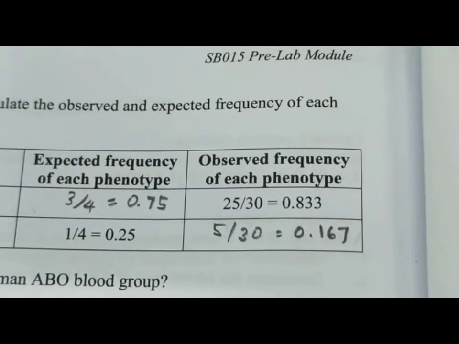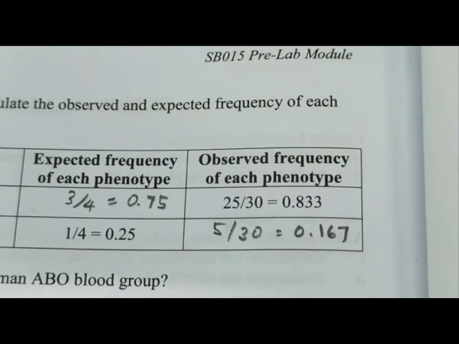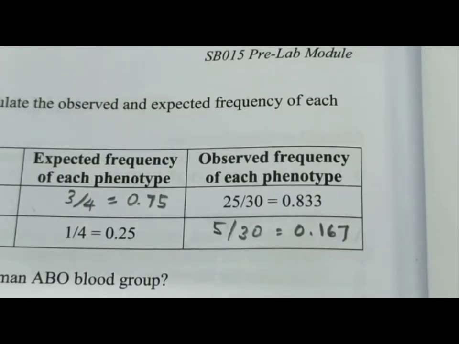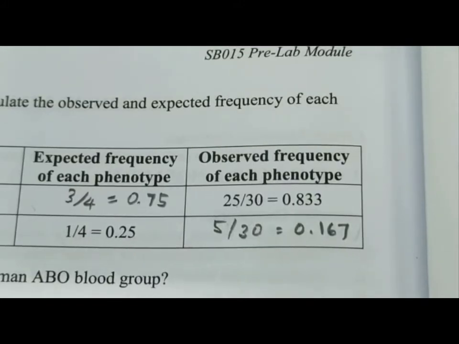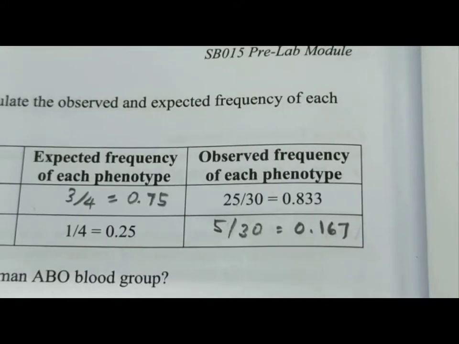But for the observed frequency, the amount of the dominant and the recessive genotype is calculated based on the class data from the Google form shared.